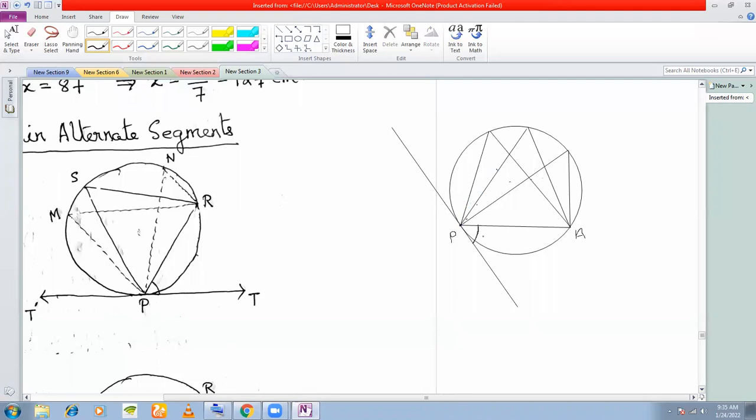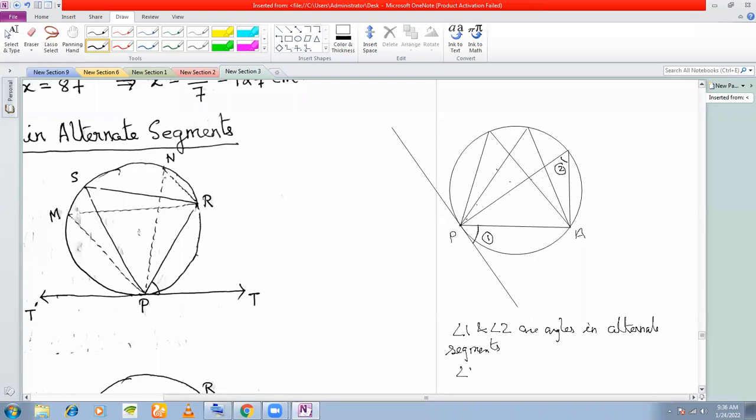Then this angle here, this angle, let's call this angle 1. Let's call this angle 2. Angle 1 and angle 2 are angles in alternate segments. Okay. What is the other angle in alternate segment?